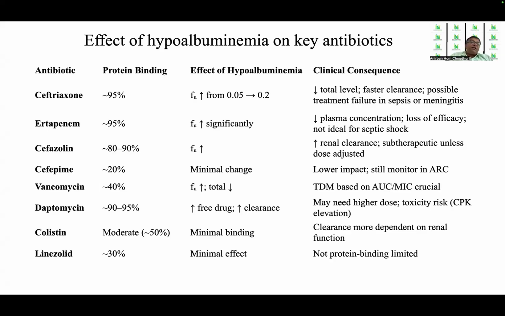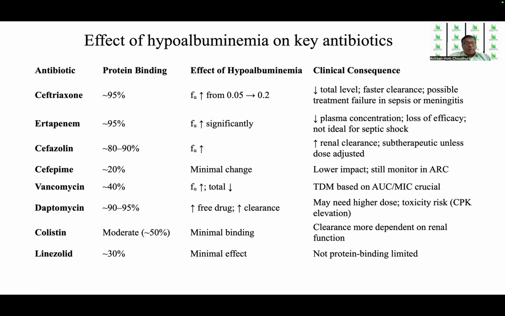So if we look into the overall effect of hypoalbuminemia on the key antibiotics, we can see that primarily for ceftriaxone, ertapenem, cefazolin, etc., the unbound levels increase, and the clinical consequence would be, in the case of ceftriaxone, a reduced total level, faster clearance, and possible treatment failure in sepsis or in meningitis. In cefazolin, there is increased renal clearance, giving subtherapeutic levels unless doses are adjusted.